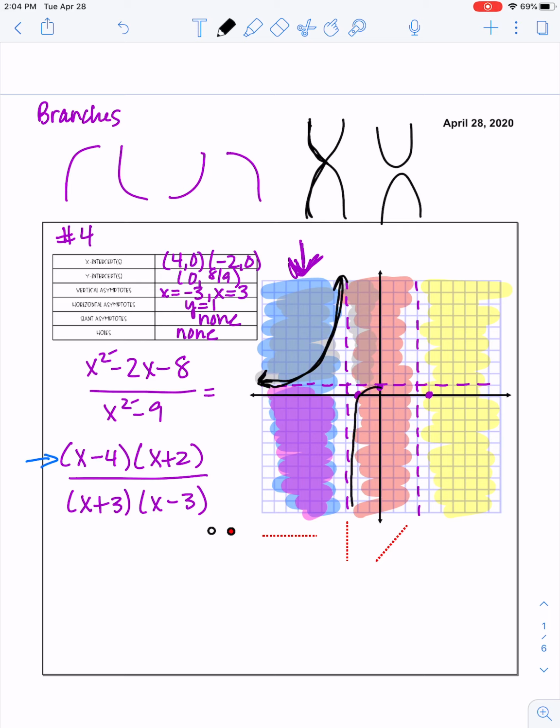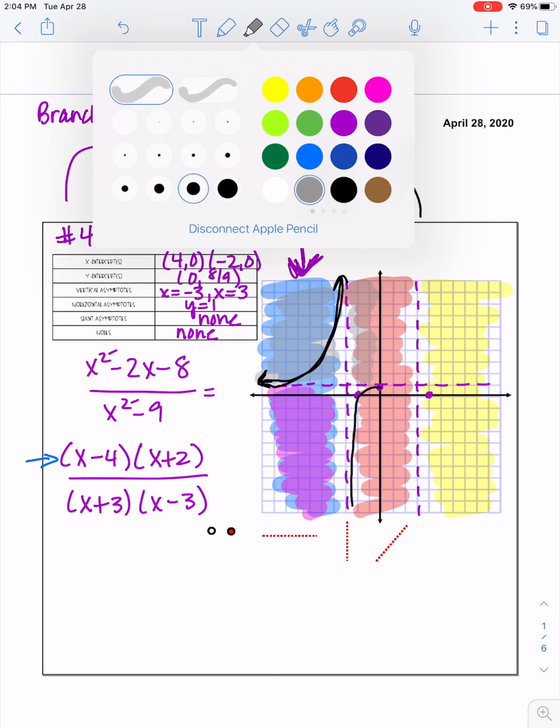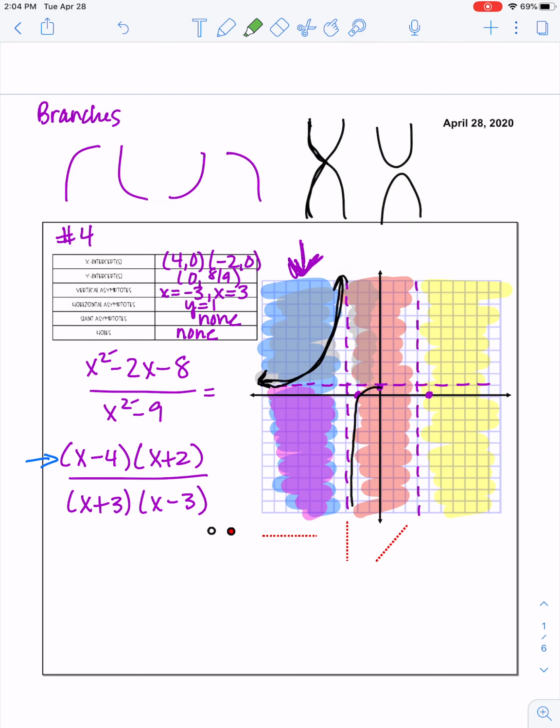Okay. Now I'm going to look at these 2 pieces in here. Again, my branch can either go like this, or it can come down like this.